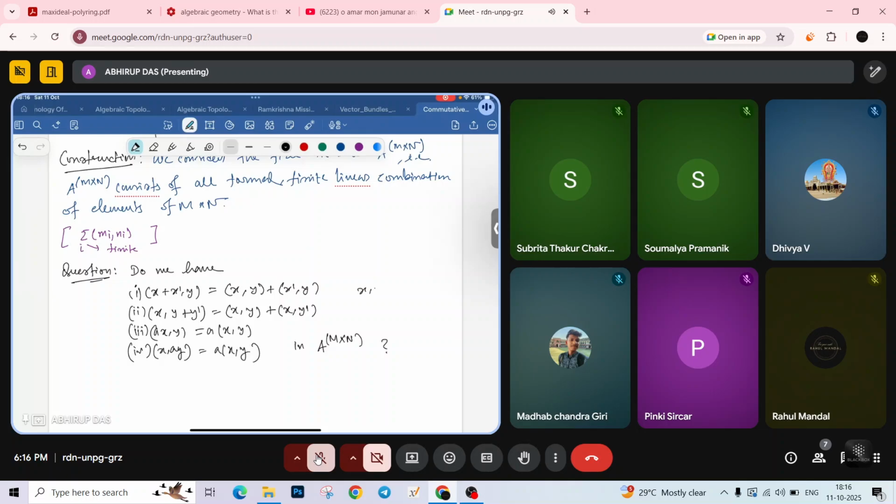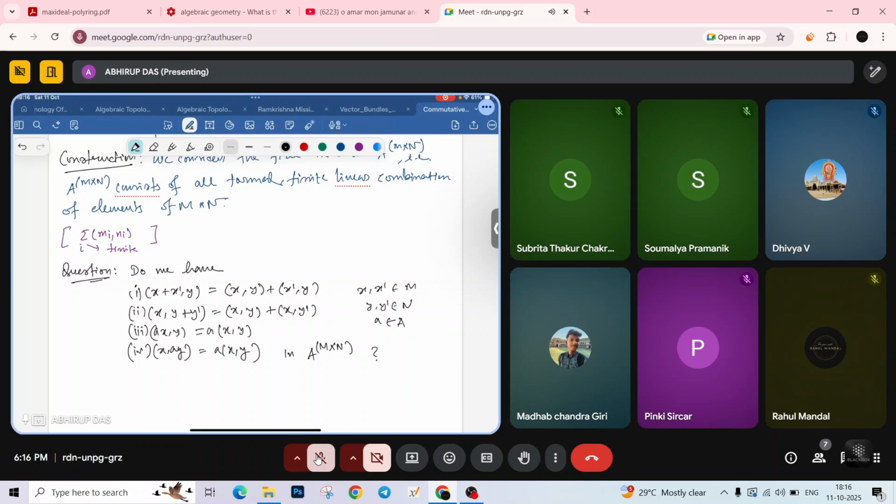I mean, you can understand x prime is in M, y prime is in N, and a is in A. So, Madhav, do we have these relations?